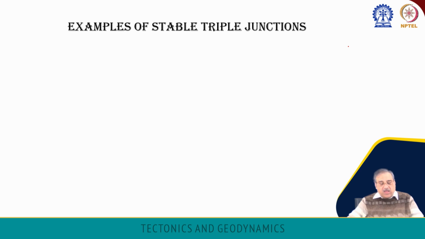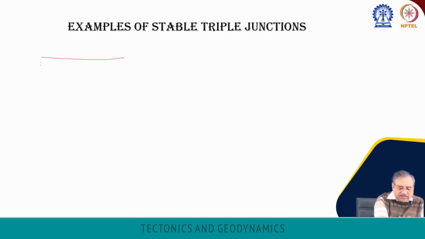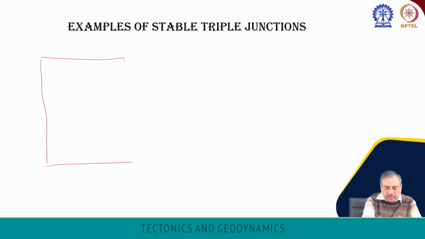So now, if I talk in terms of stable triple junctions, what kind of examples can I think of? Why don't we just think of two of the examples that we've already talked about. Let's think about the last example we dealt with in the last class. If you remember, we had these three plate systems.